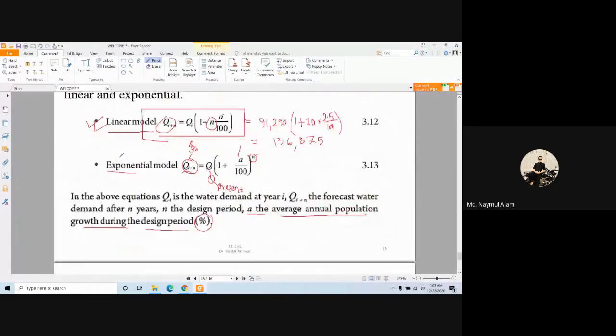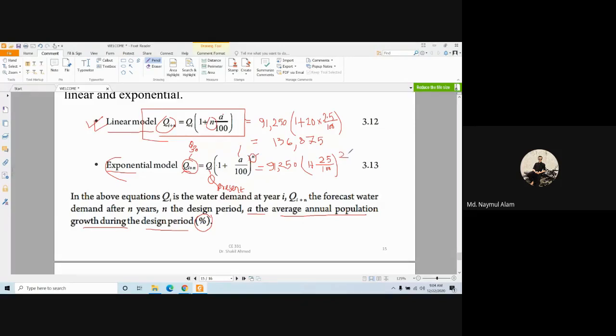If you apply the exponential model, then let's write it again. Qi is 91,250 into 1 plus A, which is 2.5 divided by 100, to the power n. N is 20.